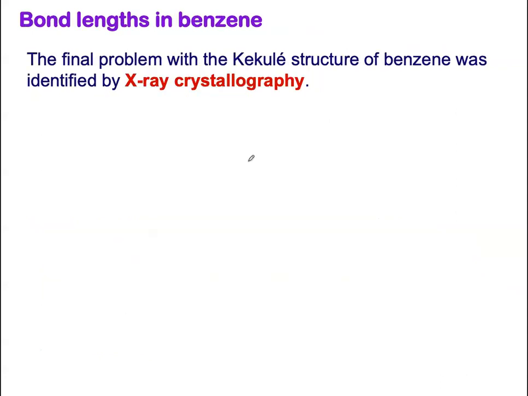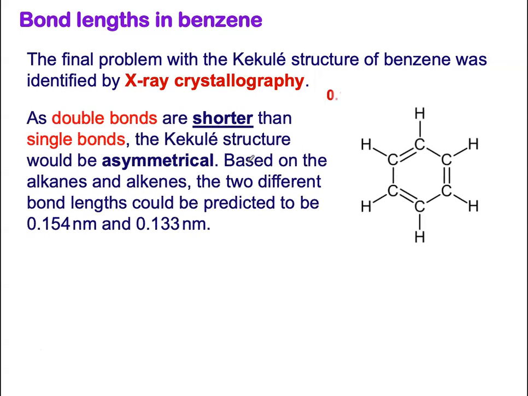Again, it was in the early 1900s with the discovery of X-ray crystallography that we discovered that benzene is a perfectly cyclic structure. Now, we know this much. A double bond between 2 carbons has a bond length of 0.133 nanometers, and a single bond has a bond length of 0.154 nanometers.